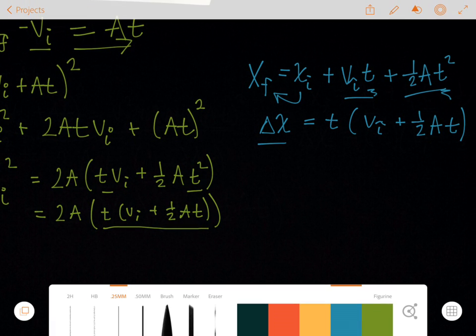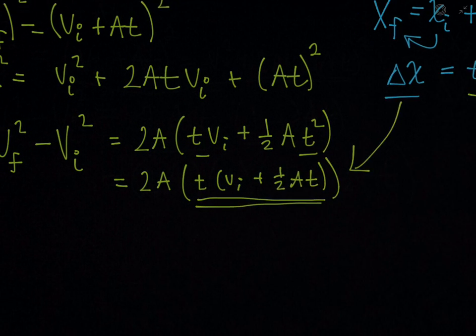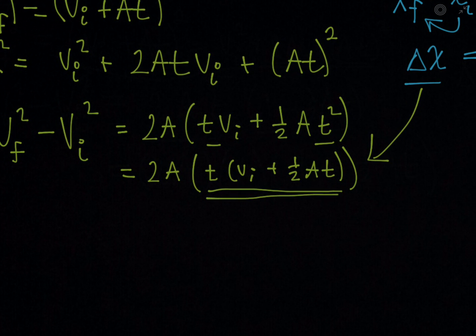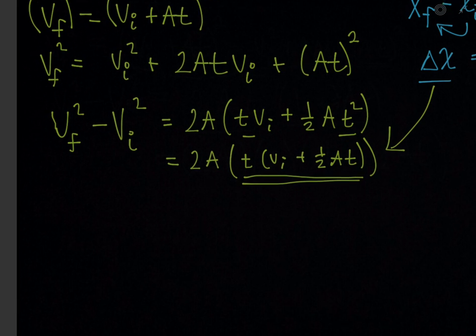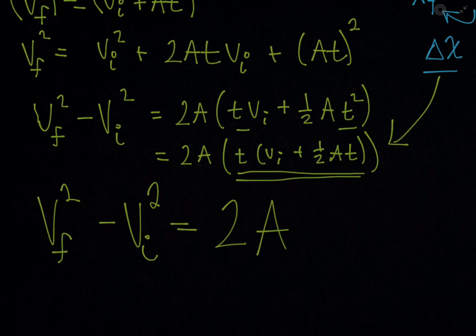Okay, now we're going to move back down, go back to green. So now what we have is exactly that, so we can replace this with delta x. That leaves us with, drum roll please, final velocity squared minus initial velocity squared equals 2a delta x.